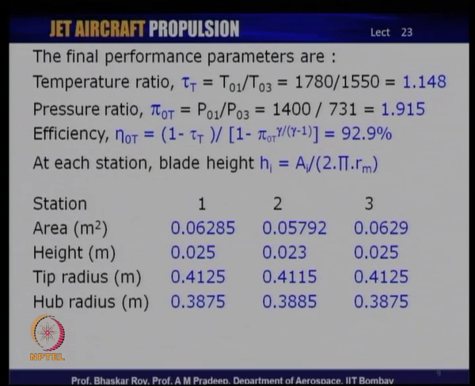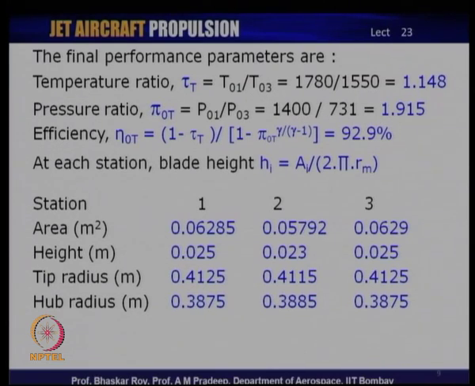The efficiency of this particular turbine can now be computed using the thermodynamic laws that we have done before, and it simply is 92.9%, which is a fairly good efficiency. Many of the modern turbines can have efficiencies slightly higher than these, but 92.9, nearly 93%, is definitely a good efficiency.